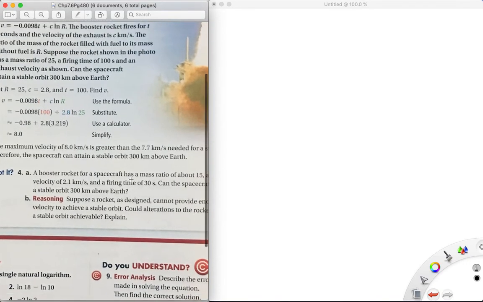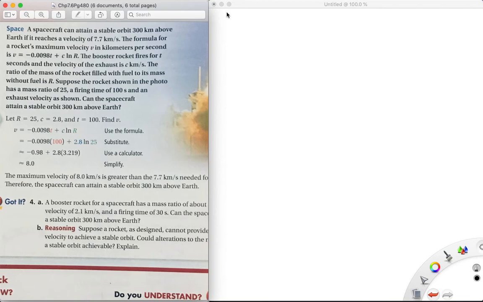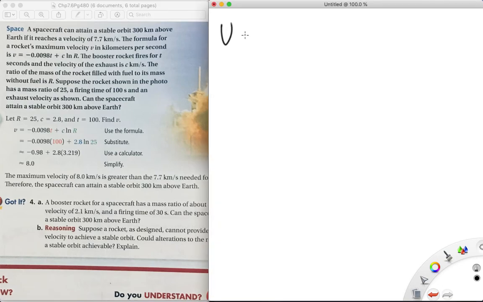So here we have this equation. It's the velocity of some rocket at a particular point. So v equals negative 0.0098 t, for time, plus c, which is the exhaust velocity, times ln of r, and r is the ratio of the mass of the rocket filled with fuel to the mass without fuel.